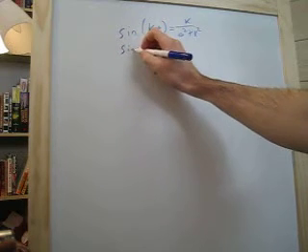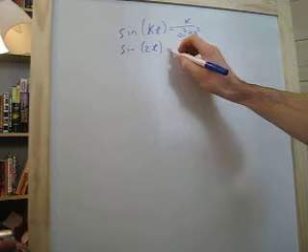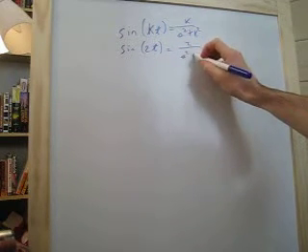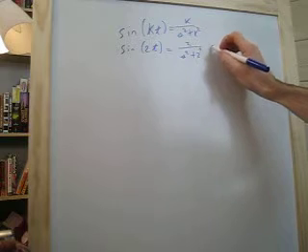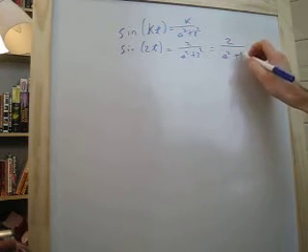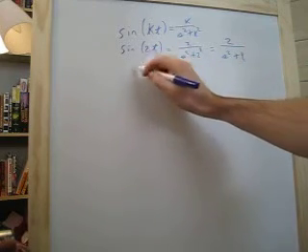So if we have sine of 2t, this is going to equal 2 over s squared plus 2 squared, which is equal to 2 over s squared plus 4. And this is always going to be the case for any number that we can plug in here.